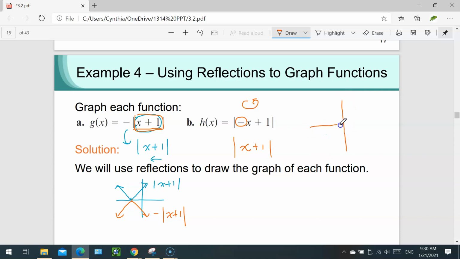So x plus 1 means we need to shift to the left 1 unit, right? So let me do it here. So this is x plus 1. Now, h of x, we have to reflect along the y-axis because of this negative sign.